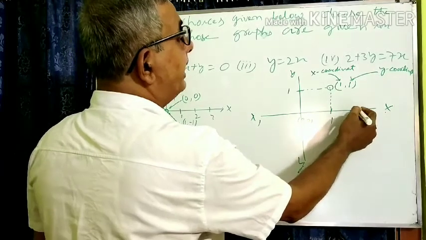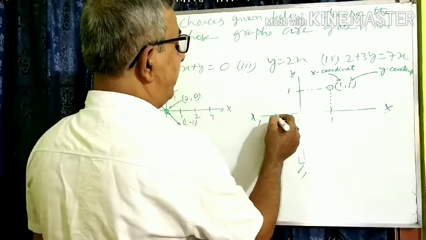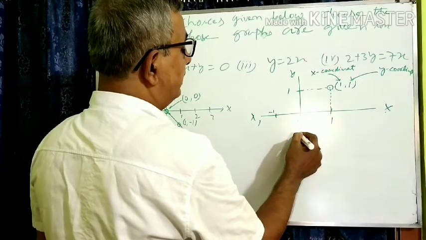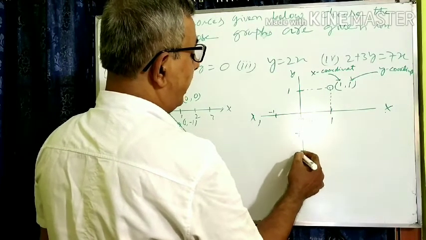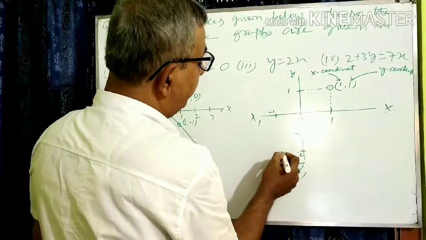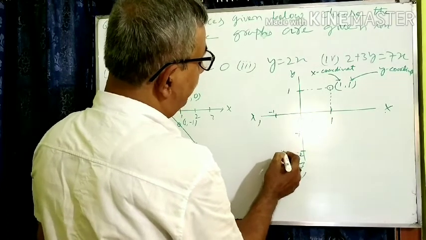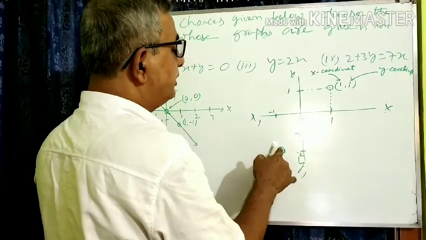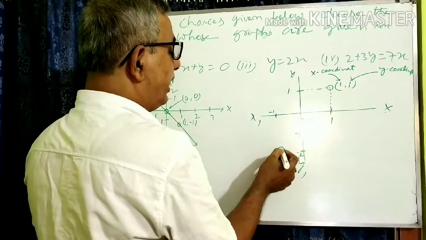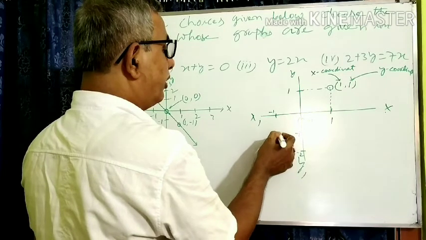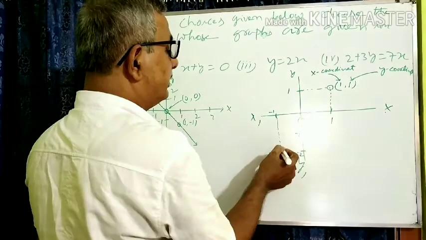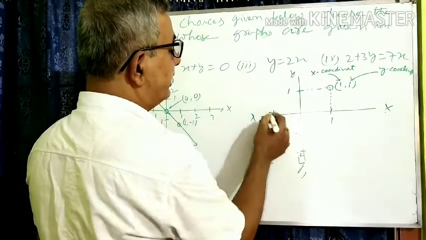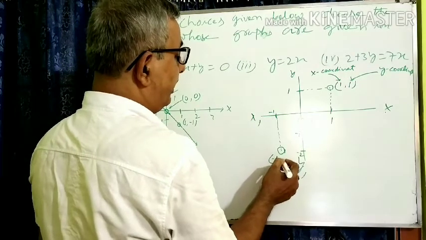Suppose here is minus 1, here is minus 1, here is minus 2. If a point is here, what should be the coordinate of the point? To represent the point, we drop a perpendicular on the x-axis, where it cuts the x-axis, that is the x coordinate. What is the x coordinate here? Minus 1.